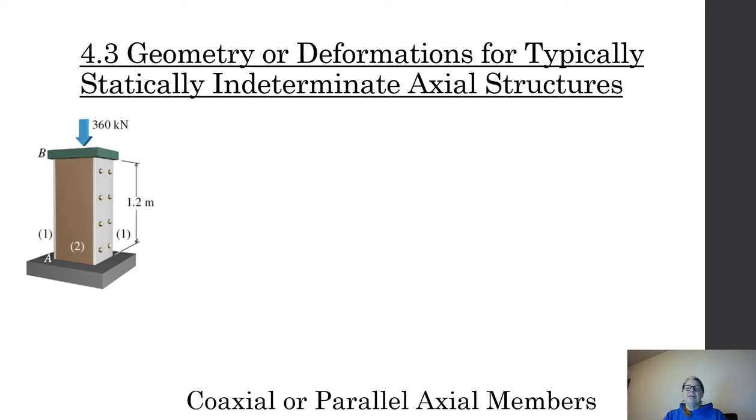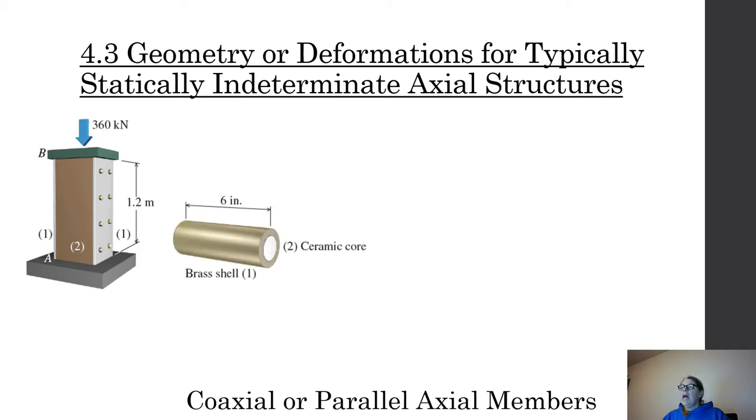The delta of the timber has to equal the delta of the steel. And what is delta? It's the force times length over area times modulus of elasticity. So now I have equilibrium, where force of timber plus force of steel equals 360 kilonewtons, and I have force of timber times L over AE equals force of steel times L over AE. Two equations, two unknowns, because I'm looking at the deformations.